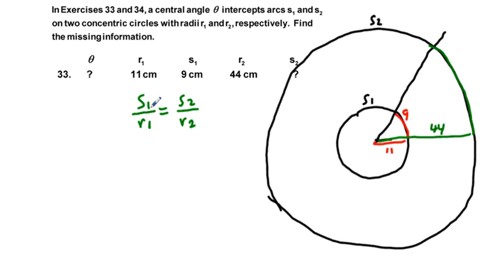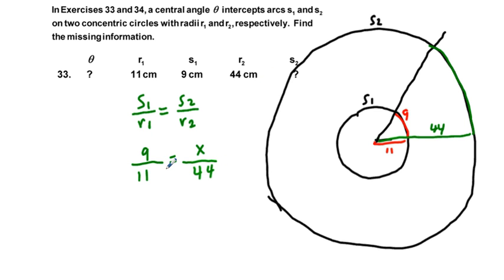To fill in the equation, S sub 1 is 9, and R sub 1 is 11. On the other side, we don't know what S sub 2 is, but it's divided by R sub 2, which is 44.